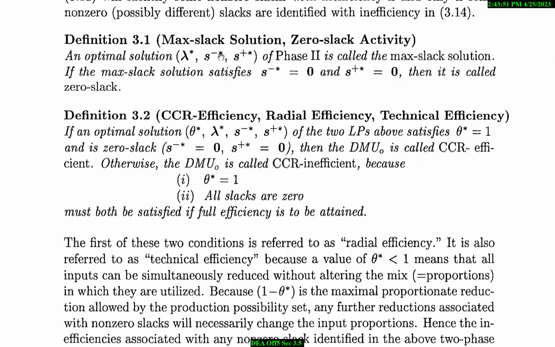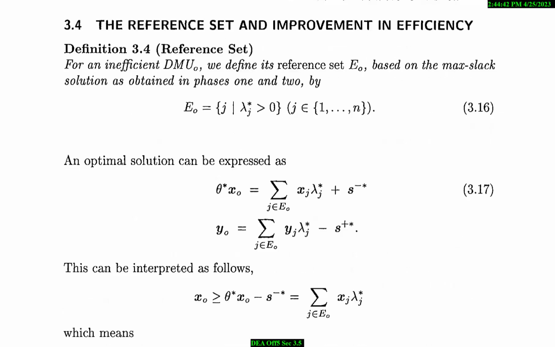The optimal solution of the two phases, in phase 2, was named the max slack solution, and when theta star is equal to 1 and all slacks are 0, corresponding to the max slack solution, we say the DMUO is CCR efficient.